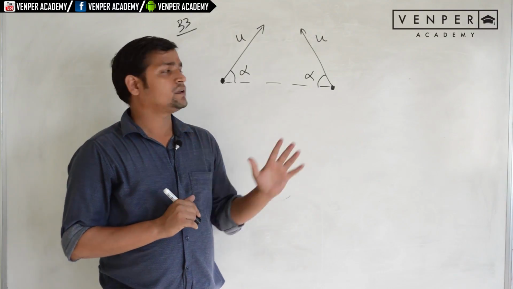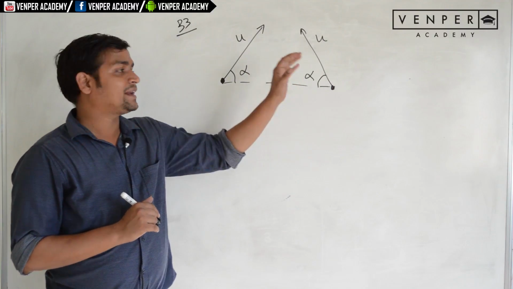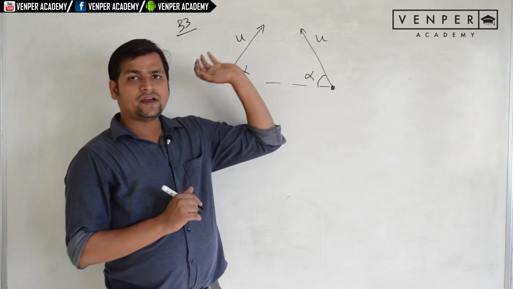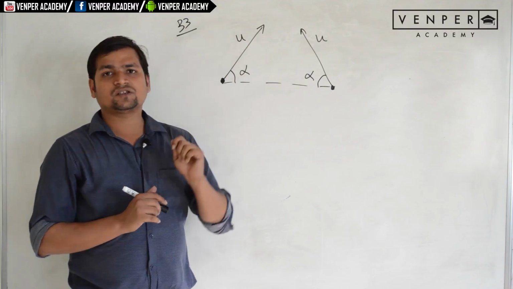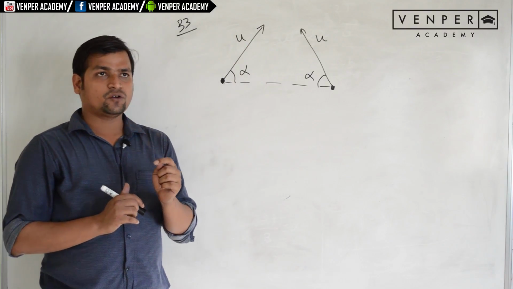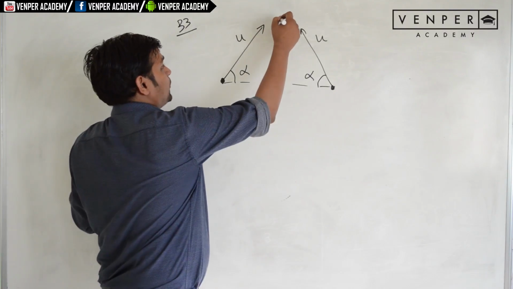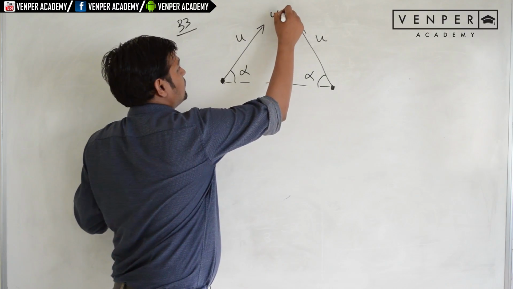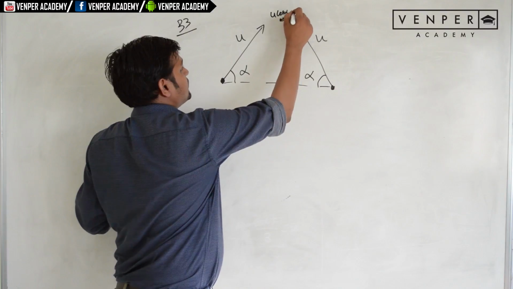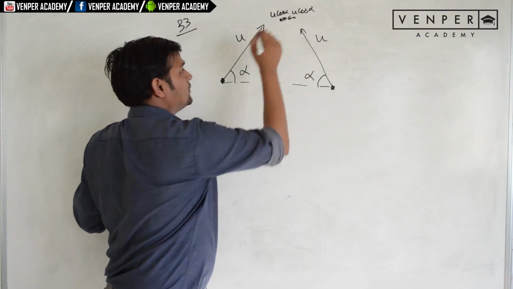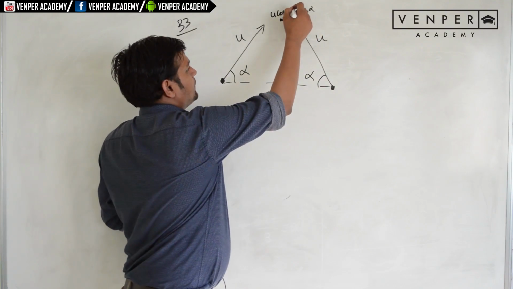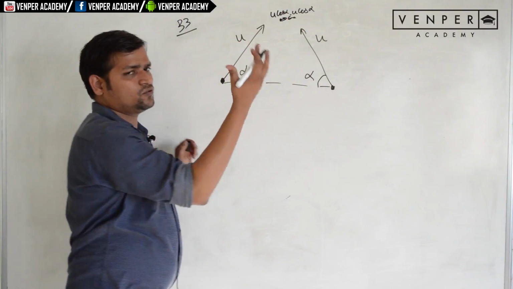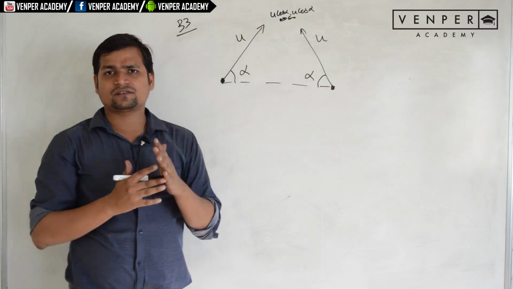Here two objects are projected at an angle alpha and collide at the highest point, where the velocity is U cos alpha, and for the other one it is minus U cos alpha as it is going in the opposite direction.